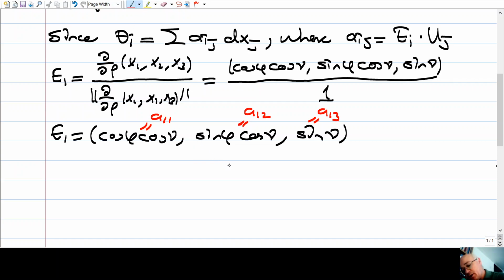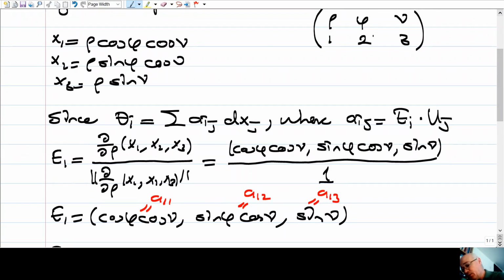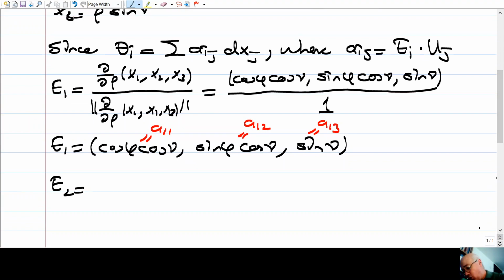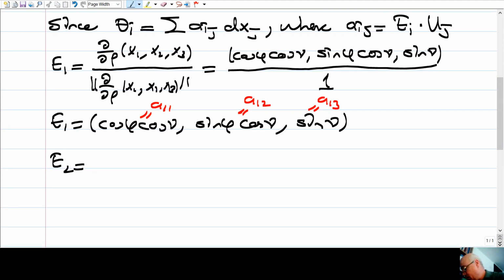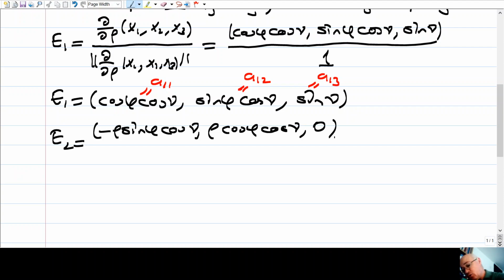Similarly, by just taking derivatives, this time with respect to the second variable, which is phi, I'll take the derivative of this with respect to that and divide by the norm. When you take the derivative, you get minus rho sine phi cosine nu, rho cosine phi cosine nu, and the third coordinate is independent of the second variable.